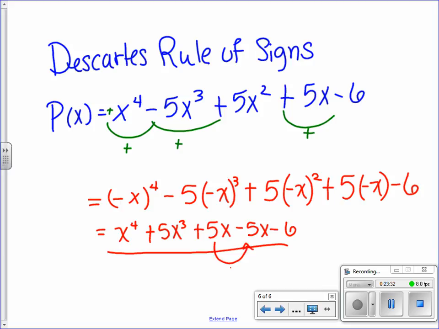There's a sign change right there. See that? No sign change. So this problem has, for sure, 1 negative root. It has 1 negative root, because it has 1 sign change for the whole thing. Okay? That's Descartes' rule of signs.